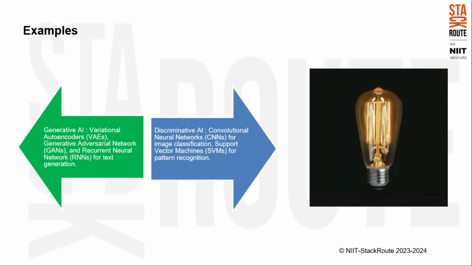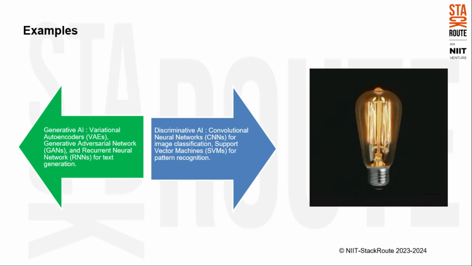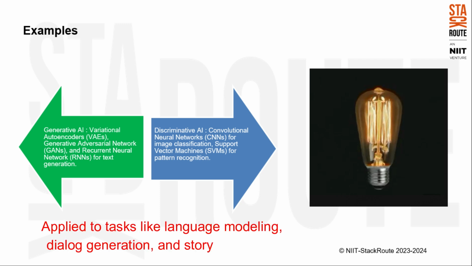RNNs, specifically variants like long short-term memory, LSTM, or gated recurrent units, GRUs, are commonly used for text generation tasks. These models have the ability to capture temporal dependencies and generate coherent sequences of text. RNNs have been applied to tasks like language modeling, dialogue generation, and story generation.